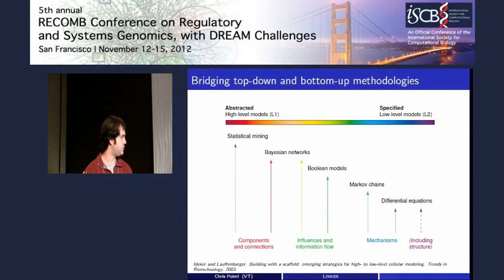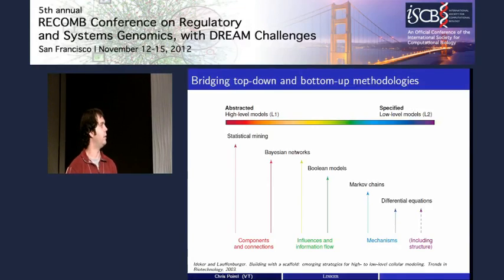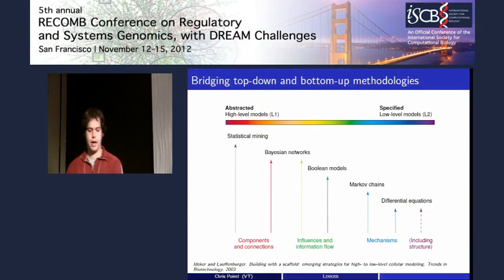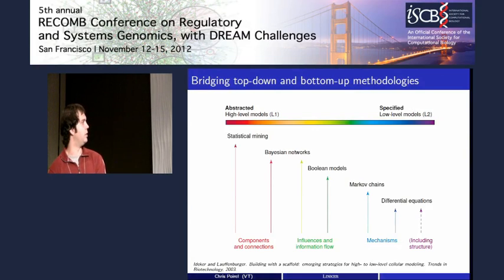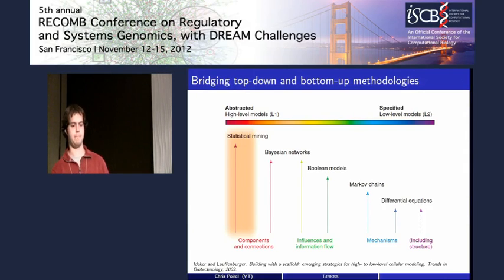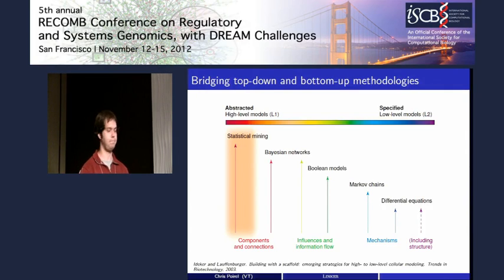So I borrowed this image from a nice paper by Eidinger and Laufenberger in 2003, where they talk about how computational systems biology, sort of the models that are used, span a wide range. And on either end of this range are sort of well-defined models. In particular, on the left side of this, we have what we think of as top-down models, which typically operate on whole proteome or whole genome scale data, much like the network-based algorithms that Ernest Frenkel was talking about earlier today.